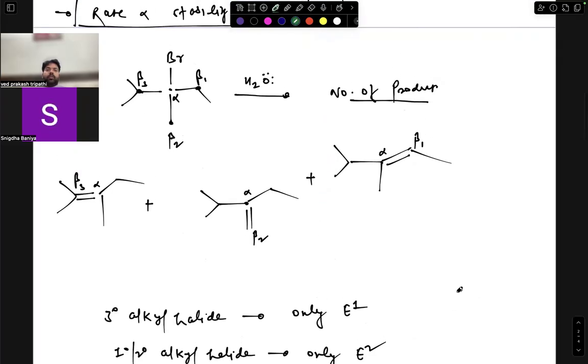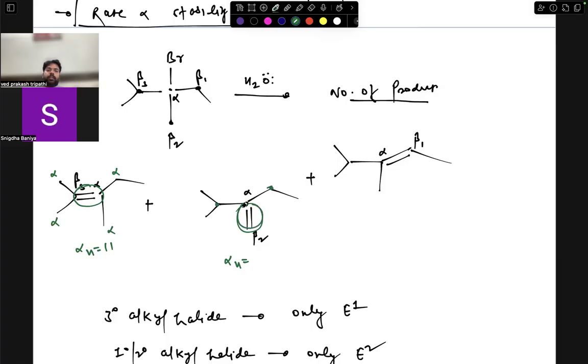What about this one? Tell me, how many alpha H in the first one here? 3, 6, 9, 10, 11. Yes, 11. And how many alpha H here? 2 and 1, so 3.